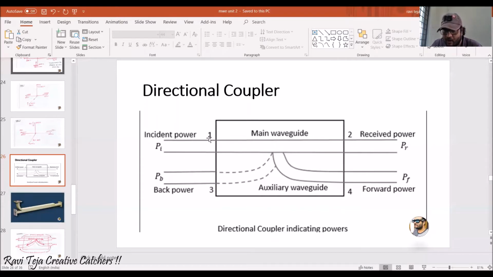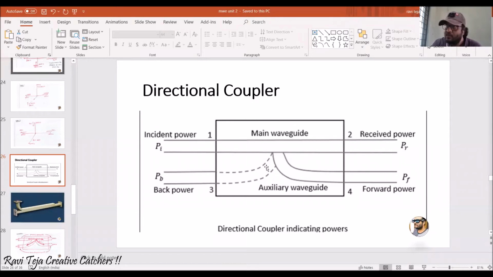So it is a combination of 2 waveguides. This is the main waveguide, which is the primary waveguide. This is an auxiliary waveguide, which can also be called a secondary waveguide. One waveguide will be straight and another will be bent. This combination of these 2 waveguides gives us a directional coupler.